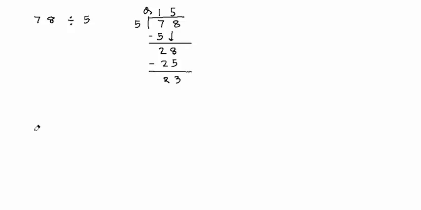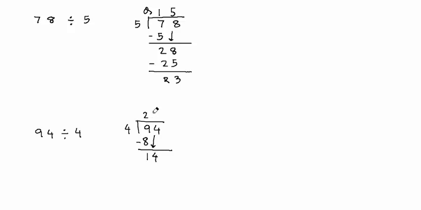Let's try and find the quotient and the remainder when 94 is divided with 4. Divide 94 with 4. 4 times 2 is 8. Write down the 8. Subtract. 9 minus 8 is 1. Bring down the 4. 4 times 3 is 12.